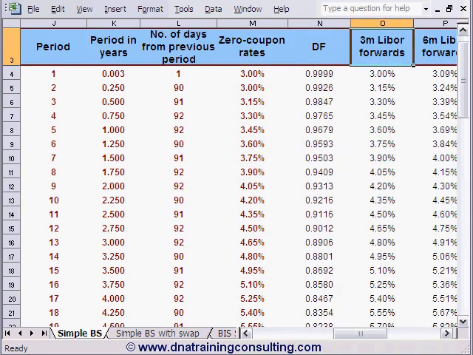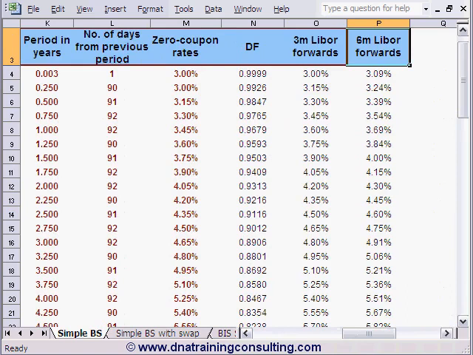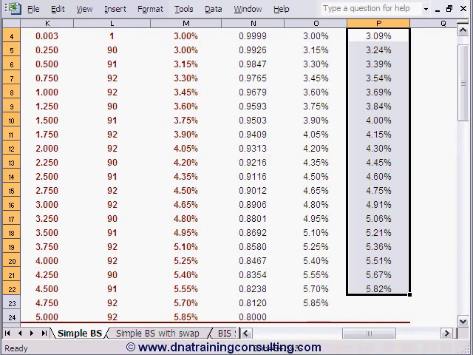The 3-month LIBOR forwards appear in cells O4 to O23, while the 6-month LIBOR forwards appear in cells P4 to P22. Our module, Interest Rate Forwards and Swaps, can serve as a refresher of all these concepts and calculations.